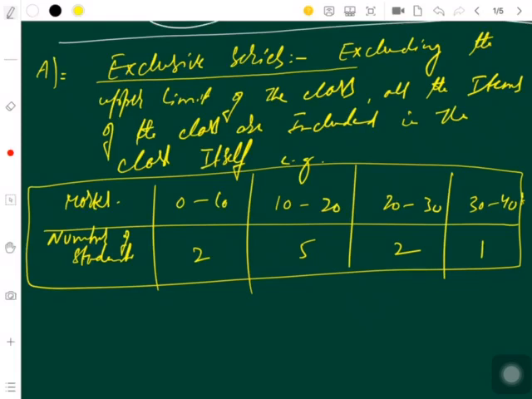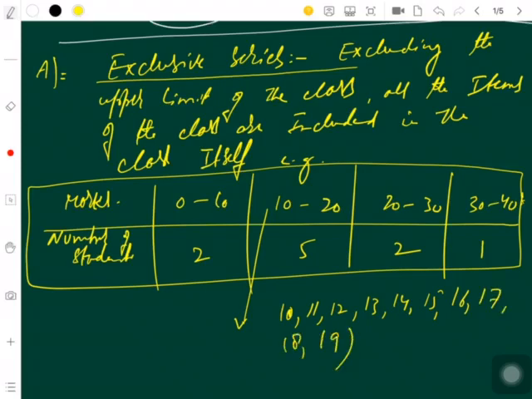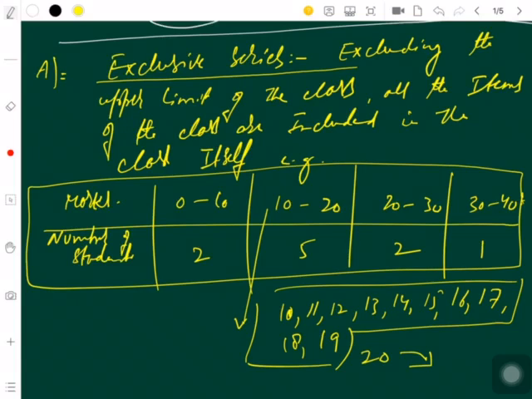That means if I have to include the items from any data, I'll take 10, 11, 12, 13, 14, 15, 16, 17, 18 and 19, elements pertaining to these numbers. 20 will be put to the next class.